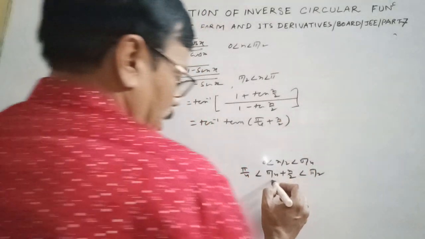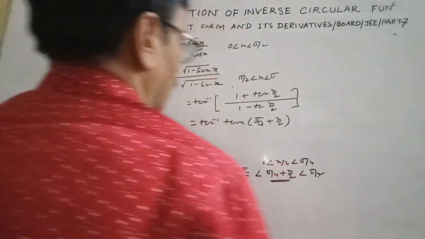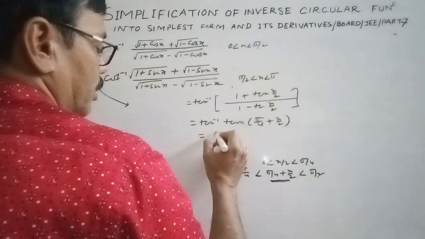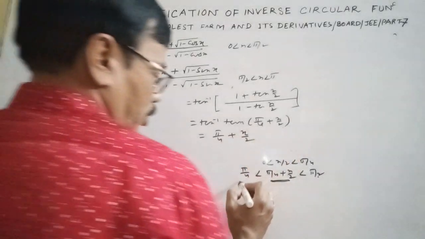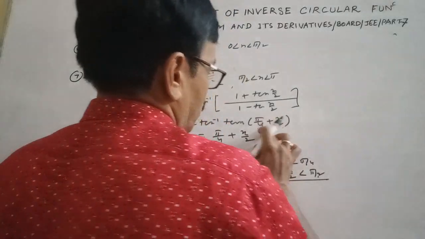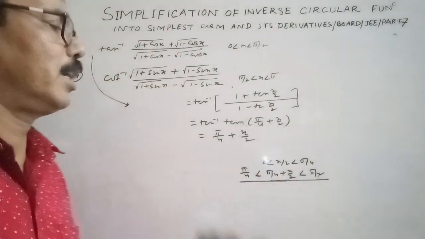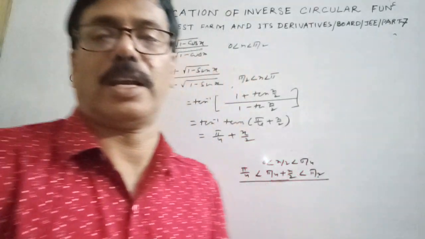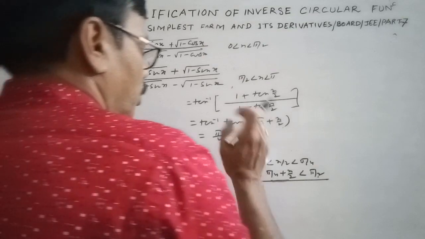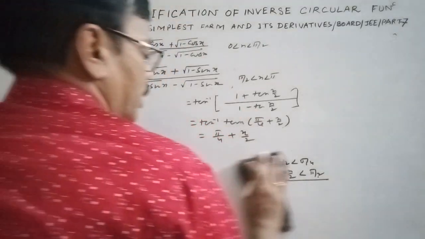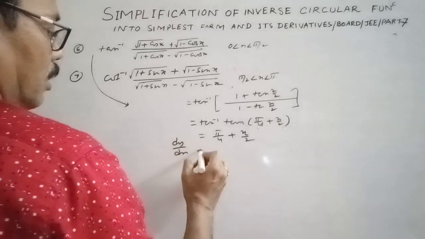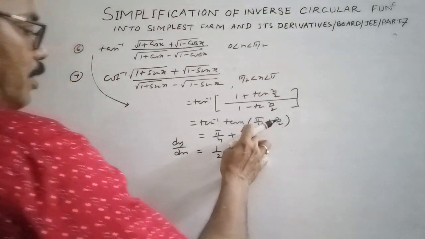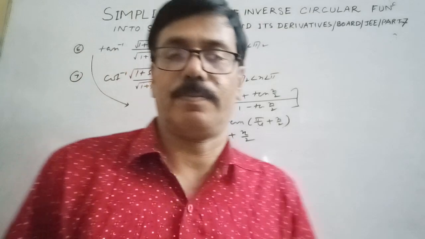So this argument belongs to the principal value. If the argument belongs to the principal value, then tan inverse tan x is x. So it is pi by 4 plus x by 2, and this is the simplified form. Now what is dy by dx? The derivative of pi by 4 is 0 and the derivative of x is 1, so it is 1 by 2.